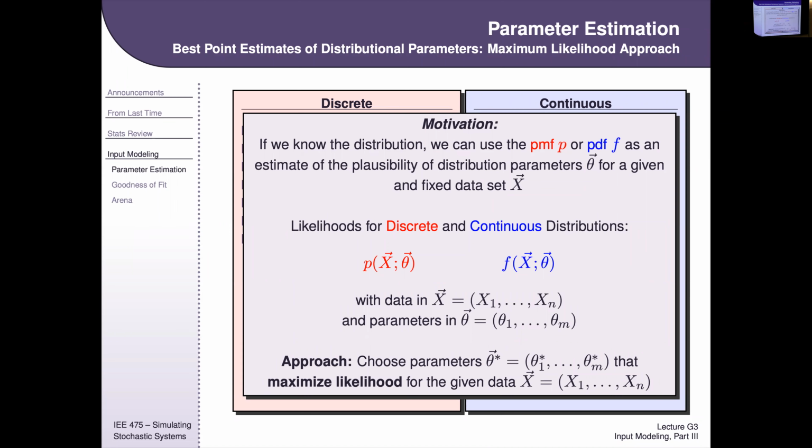A likelihood function takes the same function we use for probability mass or density, but I put the data that I sampled in and treat it kind of like a parameter. Then I ask what's the probability that these parameters could have produced these data? And then I can maximize that likelihood to pick the best parameters.